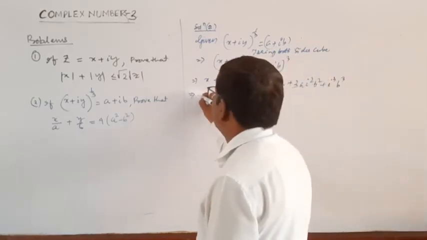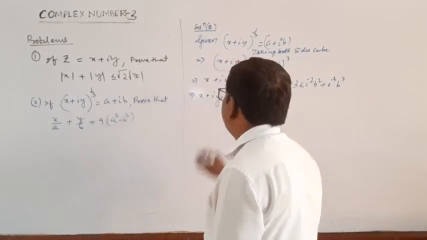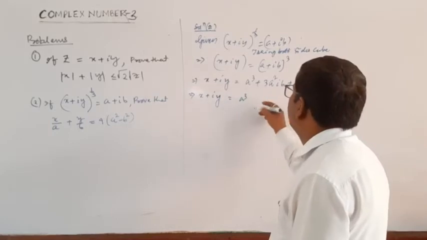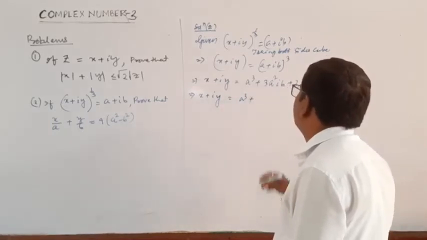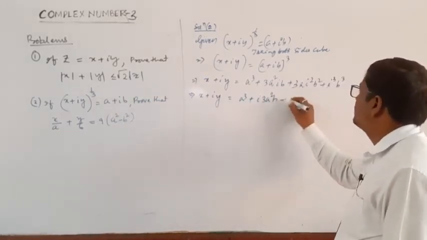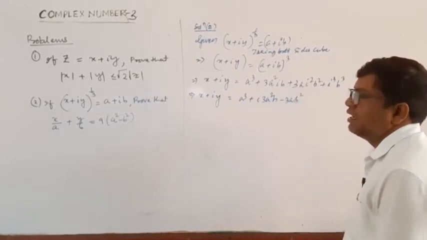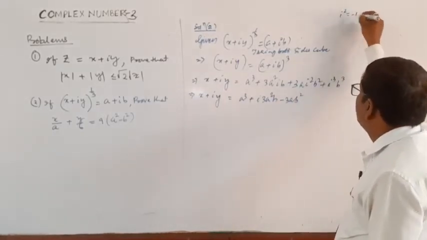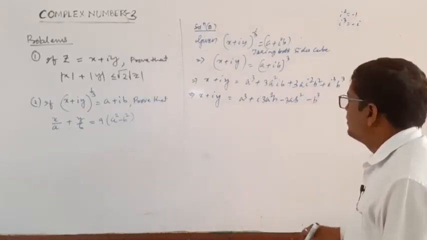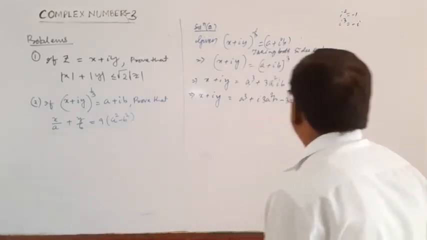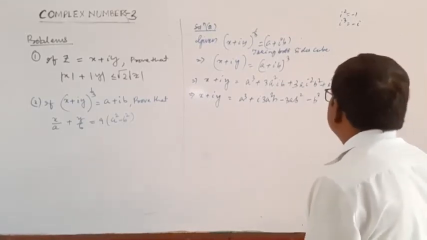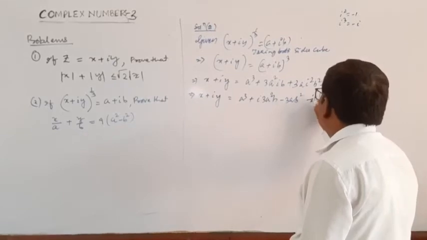That implies x plus iy is equal to a cube plus i into 3a square b, and i square is equal to minus 1, so 3ab square minus 3b square, i cube, i square is equal to minus 1, i cube equal to minus i, so minus b cube i.